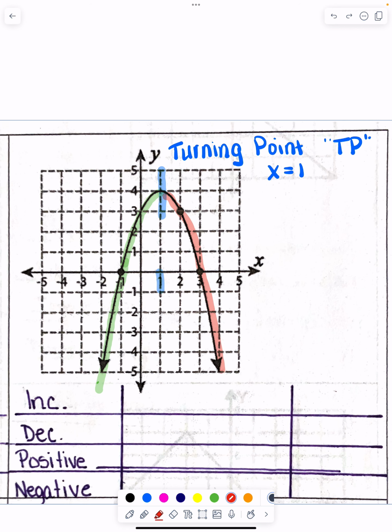It would keep going if it could. So how far to the right is it going to go? As the x values go from 1, 2, 3, 4, 5, the x values over here are going to go all the way to positive infinity. So over here, x is going to equal positive infinity.